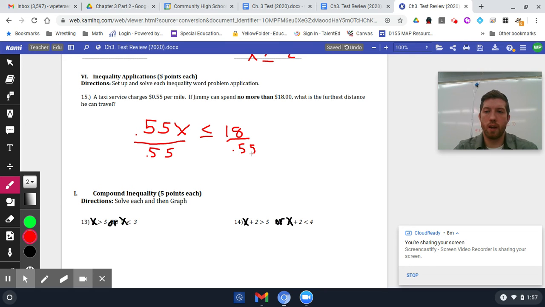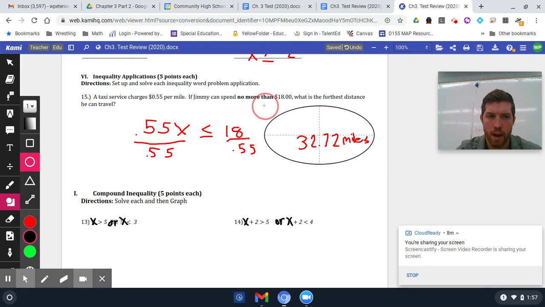Okay, and this is just a setup and solve. It's not asking you to graph it. So make sure you read the instructions because sometimes you'll do extra than you need to. So we can only drive a max of 32.72 miles. There you go.